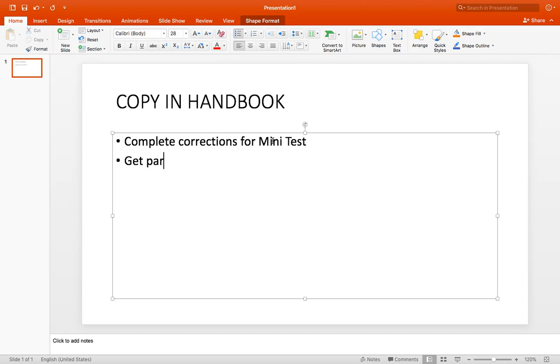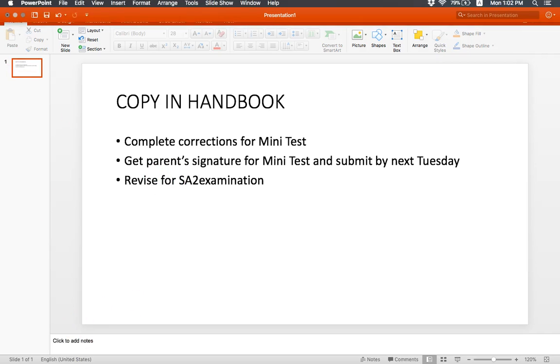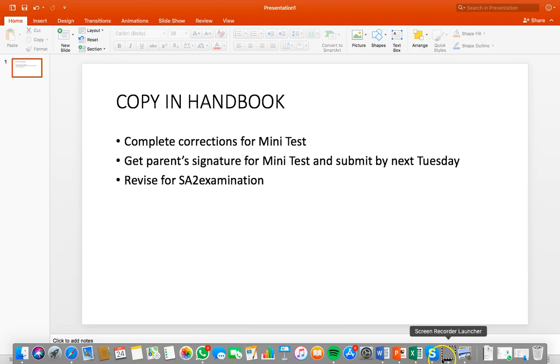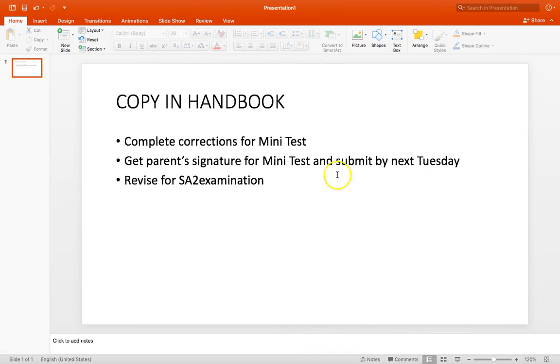Next, get your parents' signature for the mini test, and submit by next Tuesday. Is that clear? And lastly, revise for the exam. Is that clear? So copy this down in your handbook.